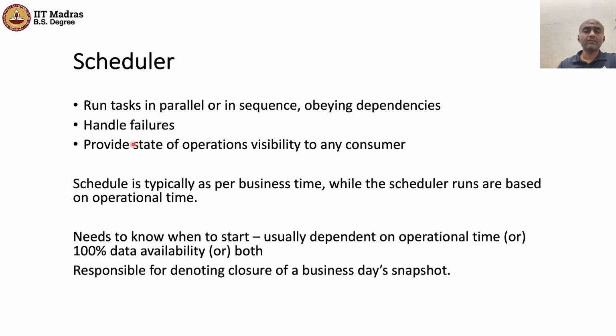It also provides the state of operations visibility to any consumer. The consumer could be a business, could be some other data pipeline that's waiting for this particular job to finish, right? And that's a very crucial role, because go back to cloud native principles, right? Observability. How does observability come about? It's because you provide full knowledge about what's actually happening for anybody to consume.